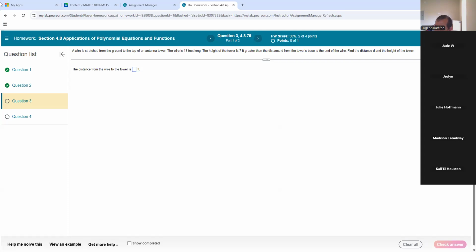Then it says the height of the tower is 7 feet greater than the distance D. And they're saying distance D from the tower's base to the end of the wire.